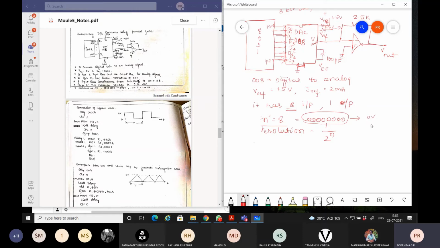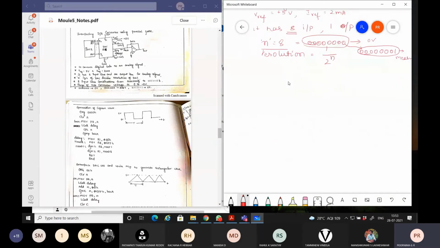It gives some voltage when there is a change in the input digital information. Let us take the next digital information after 00000000 as 00000001. This is considered to be the smallest change.